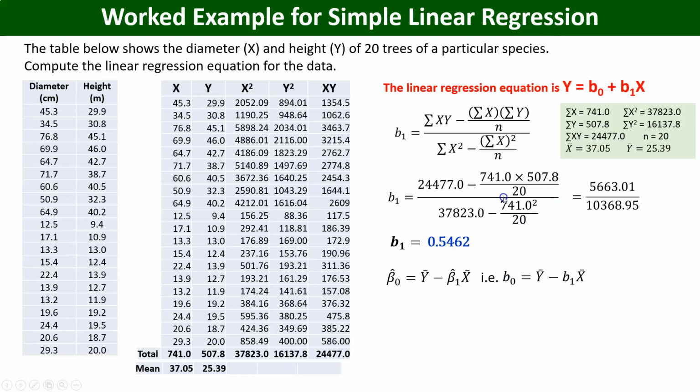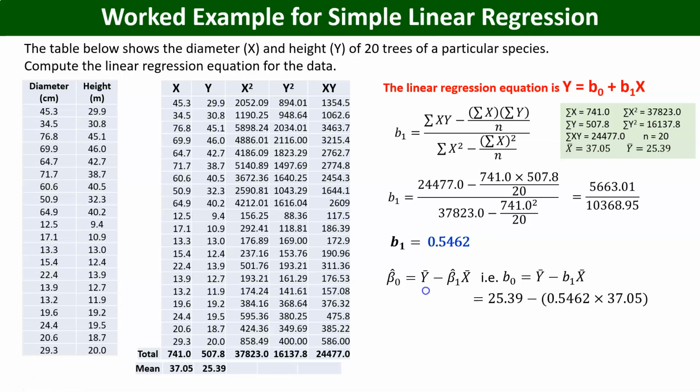So if we make any mistake in getting our B1, that mistake will be transferred to this stage. So that's why I emphasize that you must ensure that you don't make any mistake in the computation. So we get this. From here now, just put in the values. We already have the values for mean of x and mean of y up here.